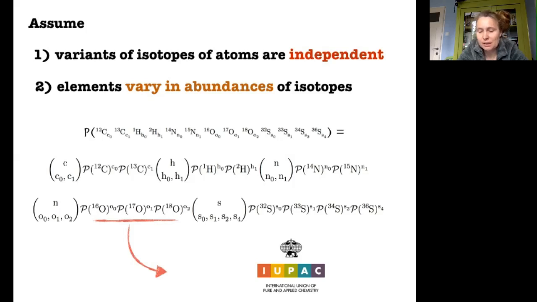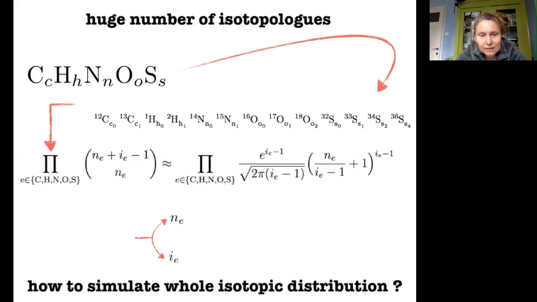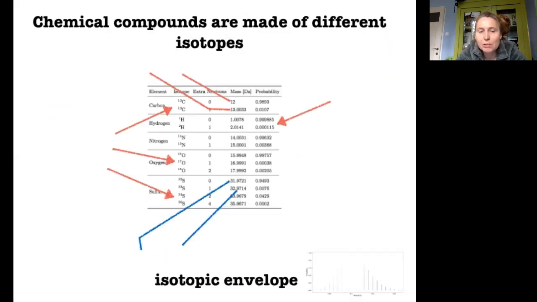As we can see here, these proportions are not equal. For each element, one isotope, the lightest one, is in fact the most abundant in nature. Like for carbon, almost 99% of carbons are carbon-12, and so on.